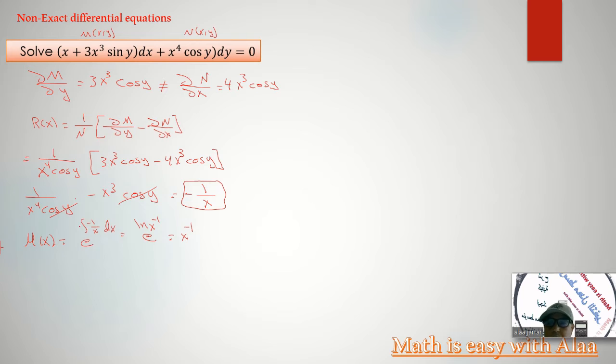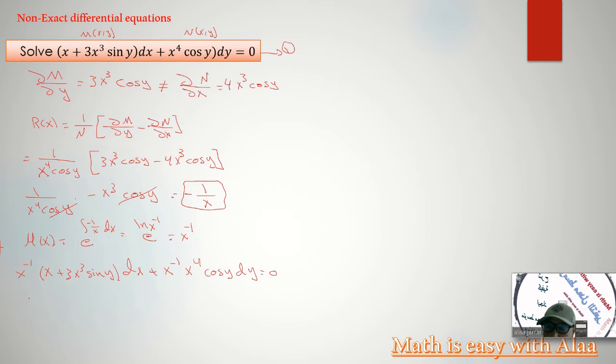Now we will multiply equation 1, x + 3x³ sin y, by the integrating factor. So x to the power negative 1 we multiply by x and 3x³ sin y dx, and also we multiply it by x⁴ cos y dy, and here it will be 0 because 0 times x to the power negative 1 is 0.